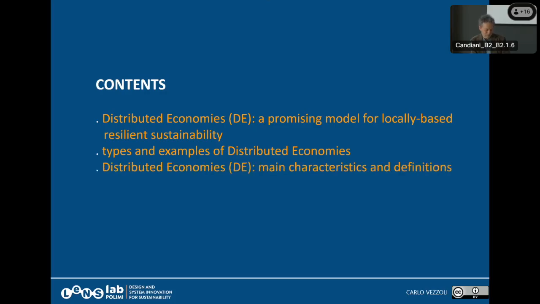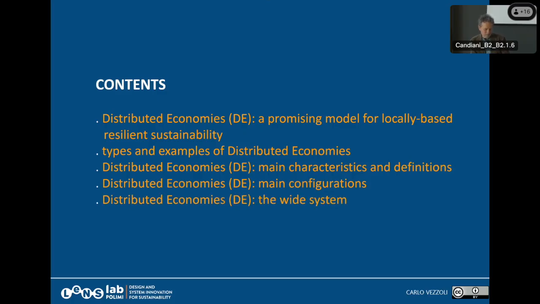So to be sure, the main characteristics, and then we will come to a definition. As well, we will see the main configurations. And here, at the end of the lecture, we will open up our mind to the wider system.